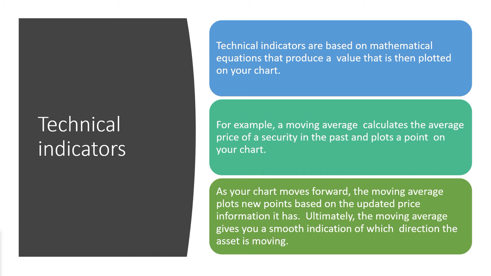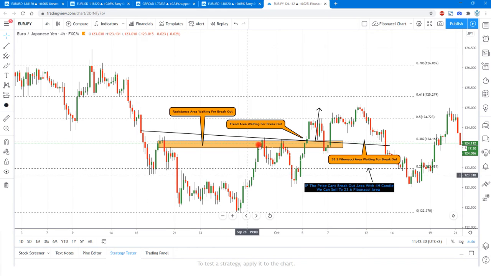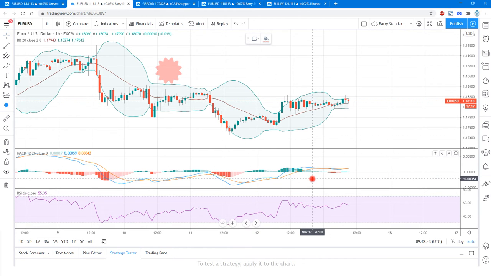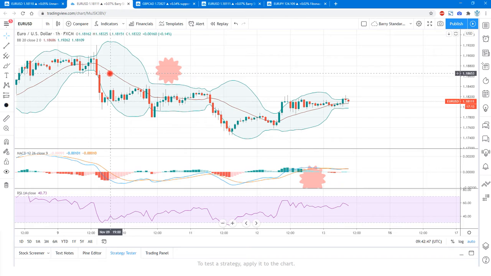Now, technical indicators, actually, let me pop up a chart here. Technical indicators can be put on your chart over top of price action, like we see here, or down below, like we see here. Okay. Now, in the middle of this, the brown line is a moving average line.